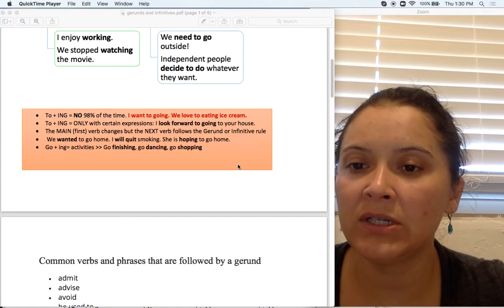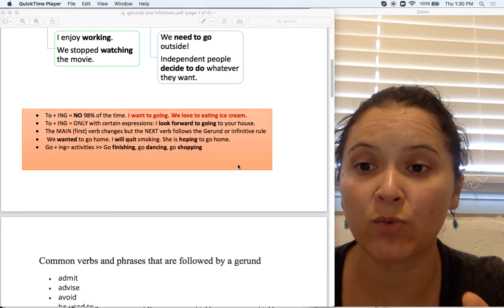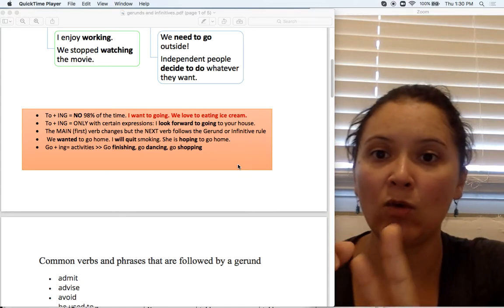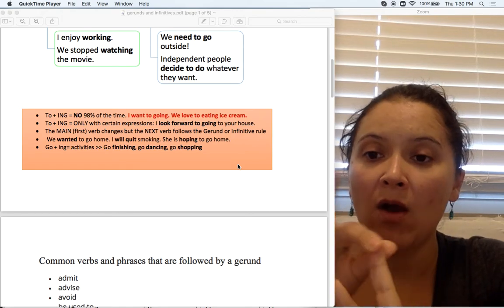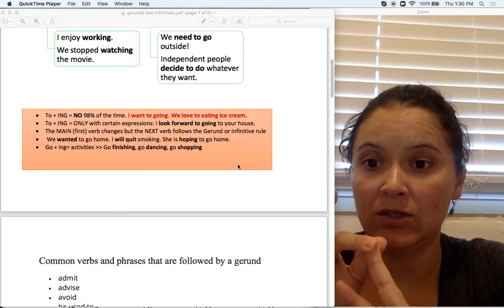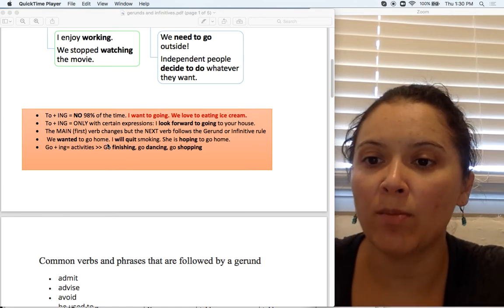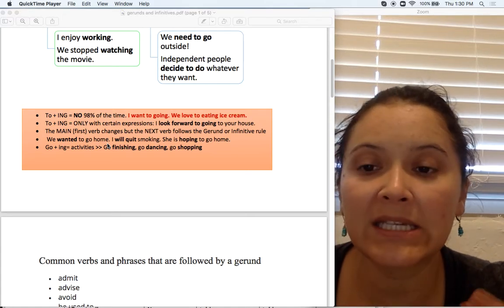So it is important to also remember that the main verb, which remember I told you you have two verbs, for instance, "I want go." So we have "want" and we have "go." "Want" changes. So, "I wanted to go home" if it was yesterday. "I wanted to sleep."